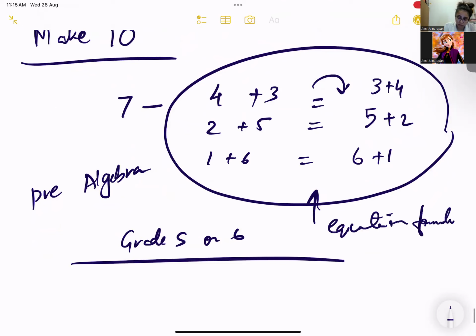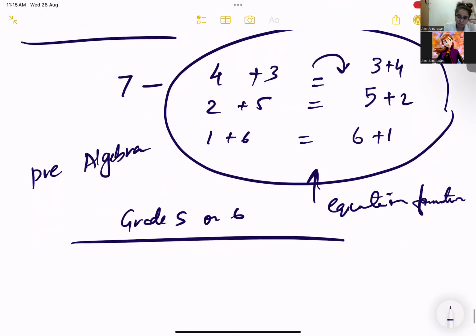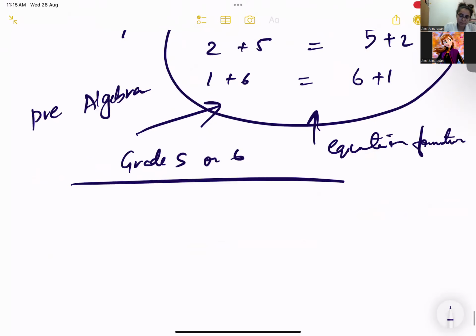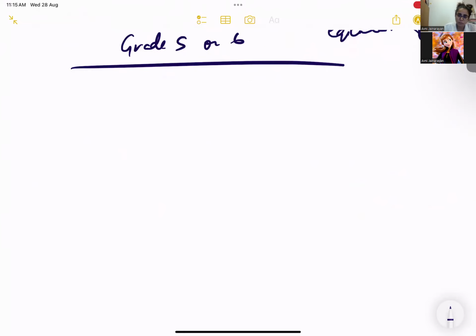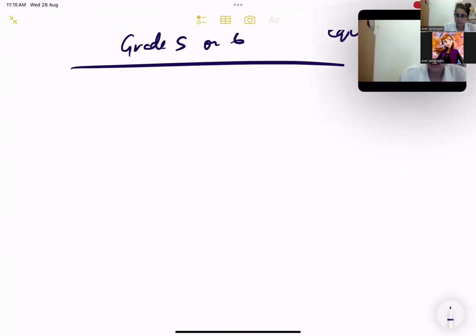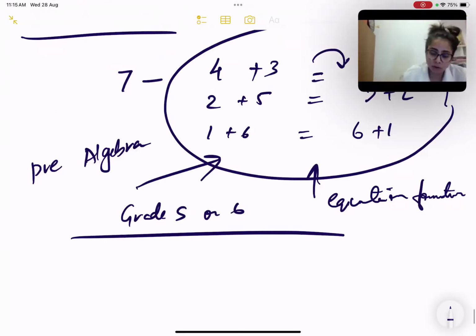But don't be too rigorous and don't be too perfectionist over here that the child should master it. Right now, you just have to expose them that equations are like this. And after a few months or even a few years, you will see how the child naturally is acquainted with such equations. Okay, now moving on to the next concept.